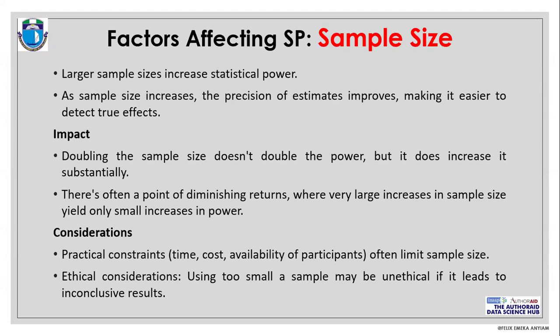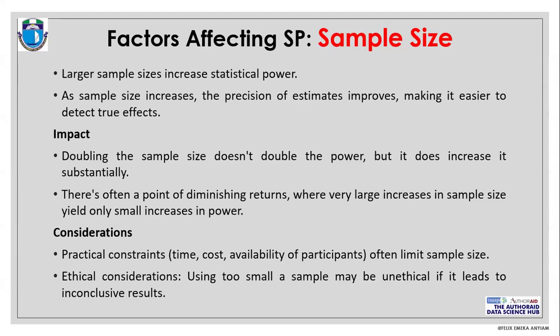This can often limit sample size, which is why I said if you have issues like this, the best thing to do is to put it down in your limitation, so that when you publish the work, people could tell it probably could have been better, but as a result of these challenges, you have this number.